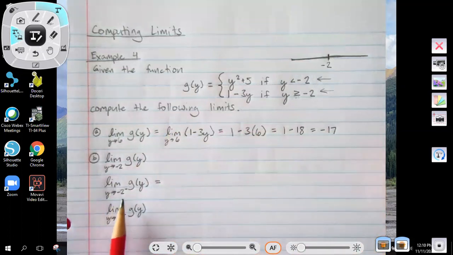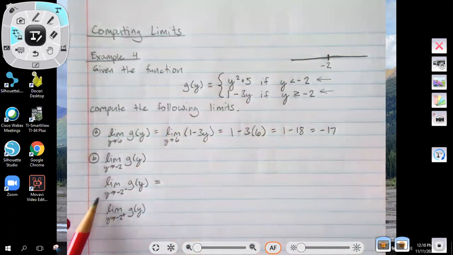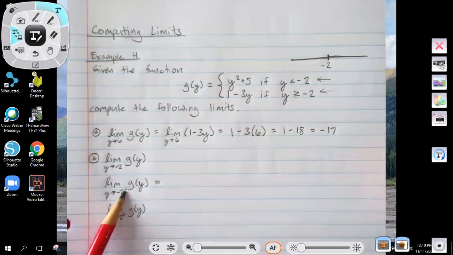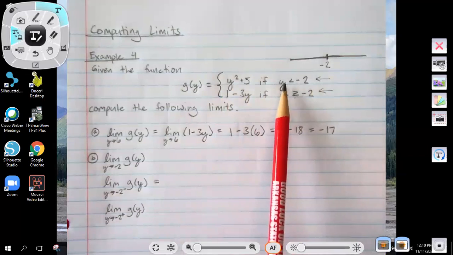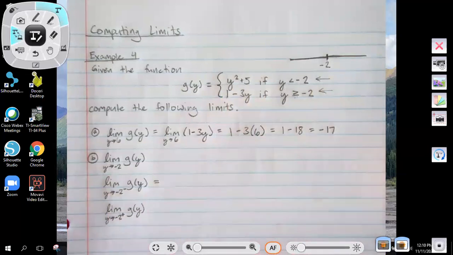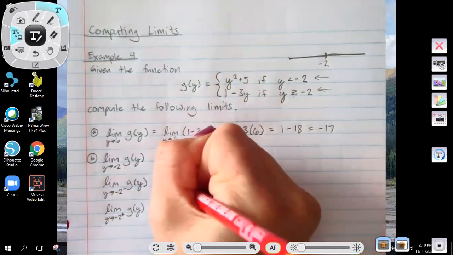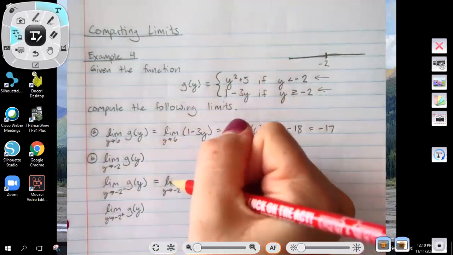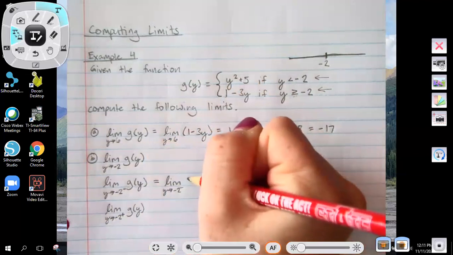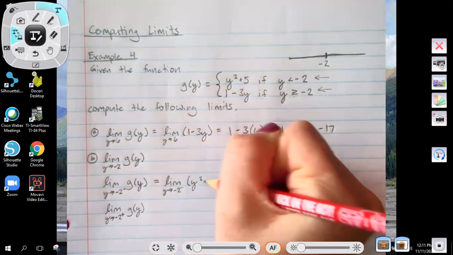Okay, so if we're looking at the left-sided limit, the limit as y approaches negative 2 from the left, that's going to fall into this top line, our numbers that are less than negative 2. So we're using that part of the function, y squared plus 5. So we're taking the limit as y approaches negative 2 from the left of y squared plus 5.